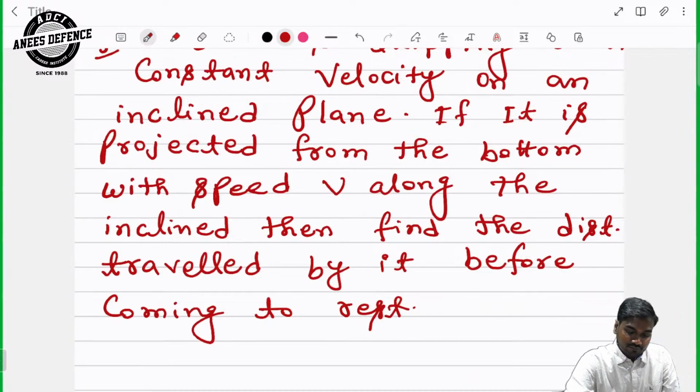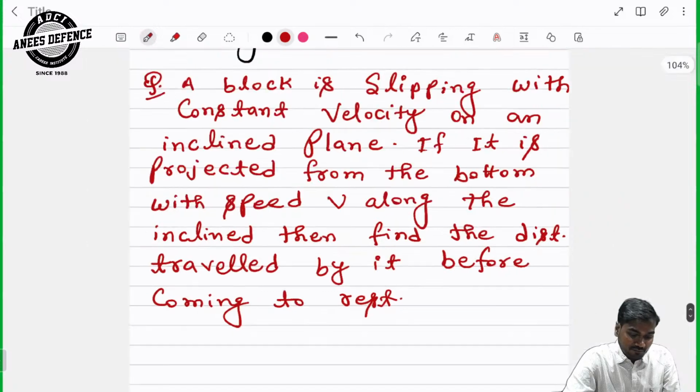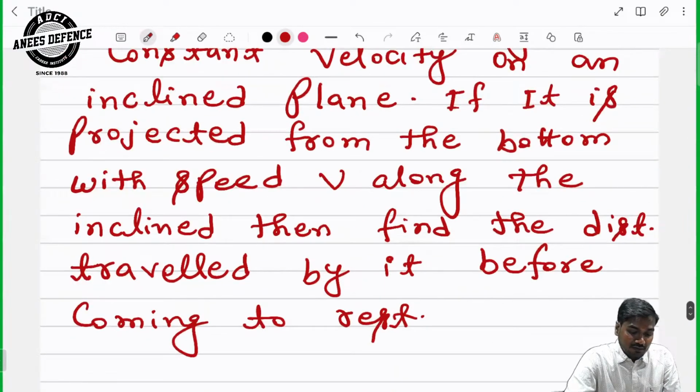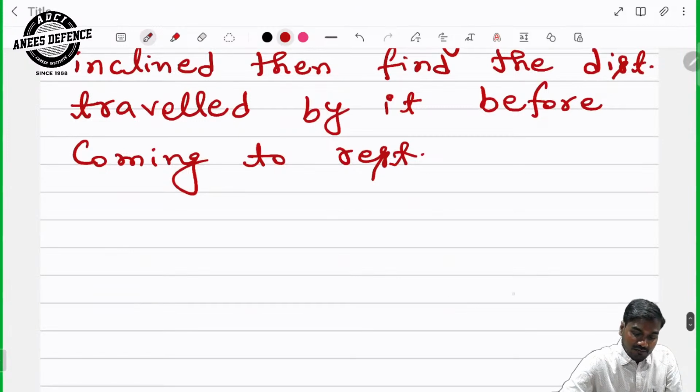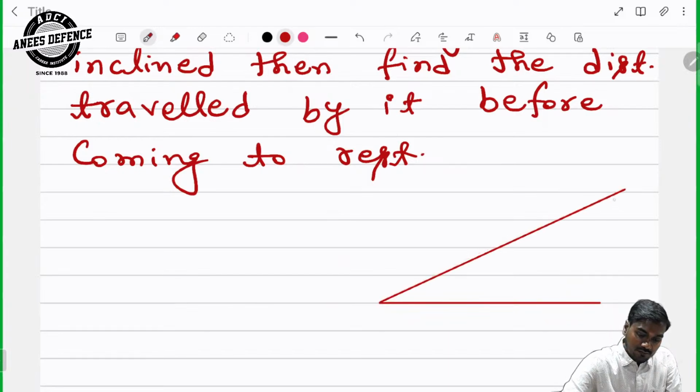When you show this whole situation in a diagram, how can you show it? Consider an inclined plane with angle theta.